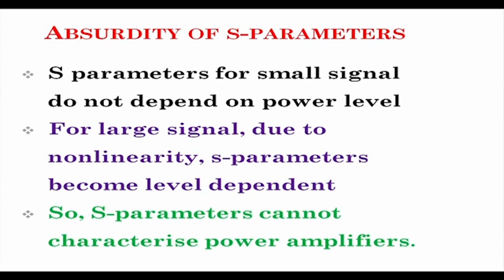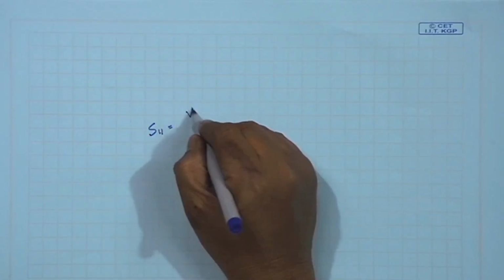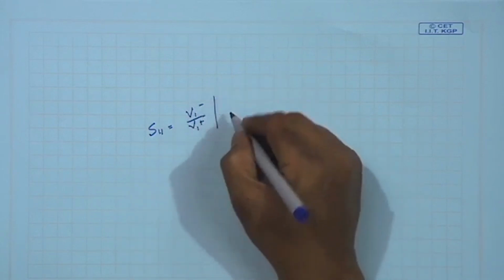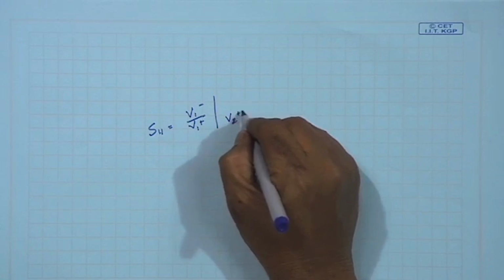If it becomes signal dependent, then suppose I write S11 equals V1 minus by V1 plus when V2 plus is 0.